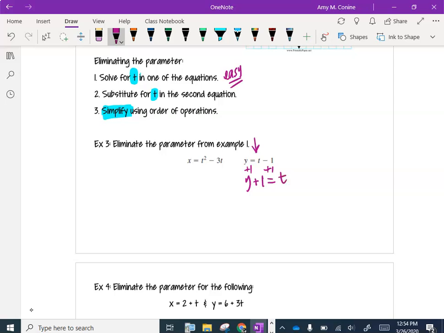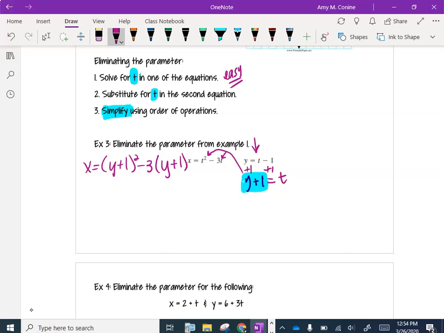Then step 2, I'm going to take what t equals here, and plug it in for all of my t values in my second equation. So now x equals (y plus 1) squared minus 3(y plus 1).